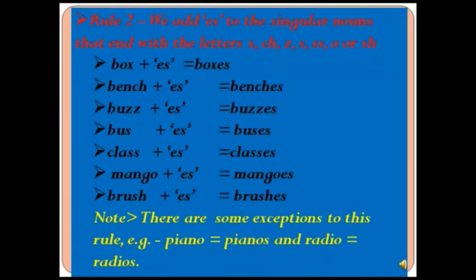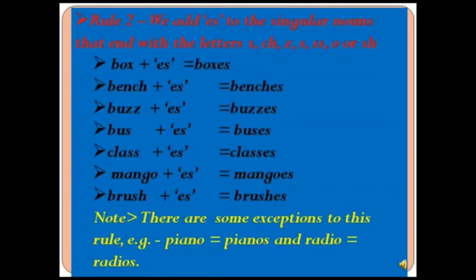So box becomes boxes. Bench plus es becomes benches. Bus plus es becomes buses. Next, you say it. Yes.